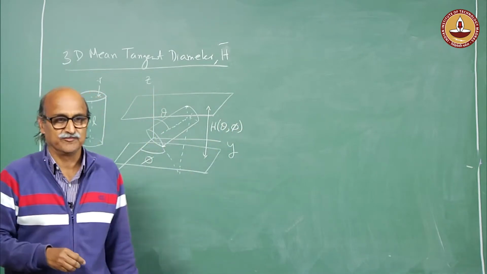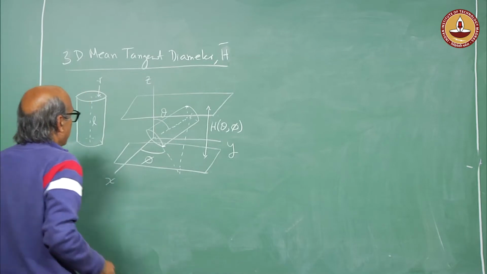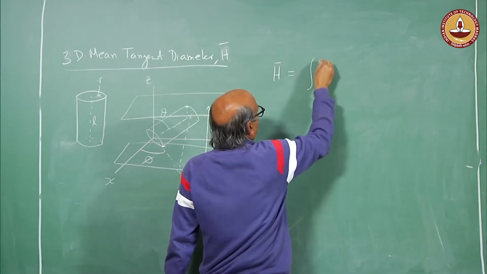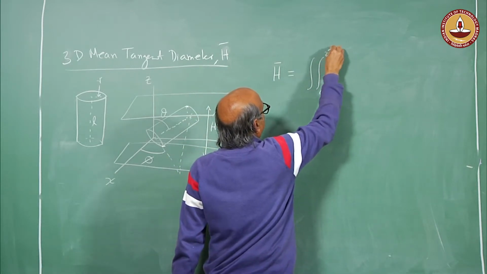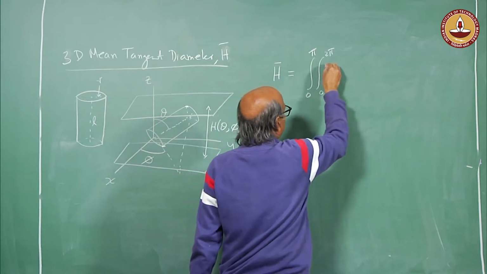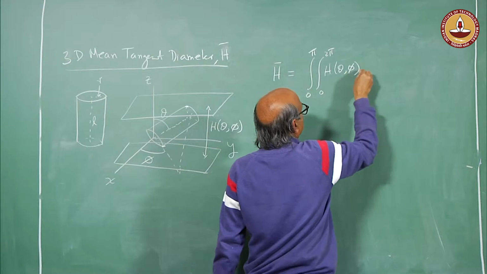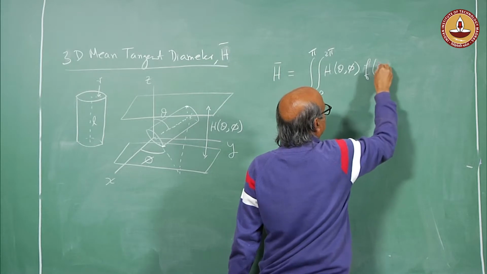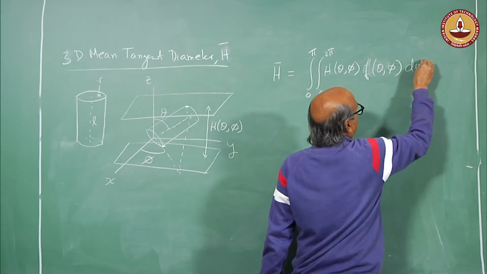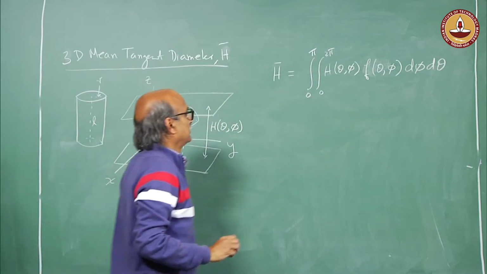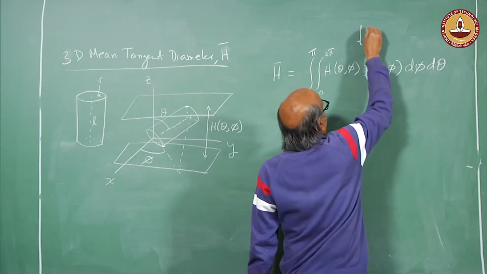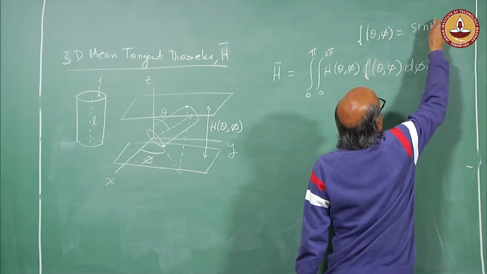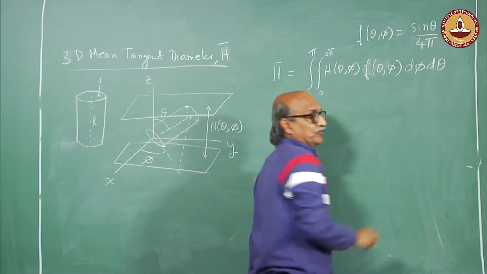The distance of separation between these two tangent planes is h theta phi, and in order to get the mean tangent diameter, I will now have to do a double integral over phi and theta of h theta phi times the density function in 3D, d phi d theta, and remember that the density function we just derived is sin theta upon 4 pi.